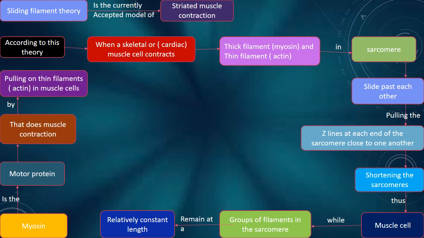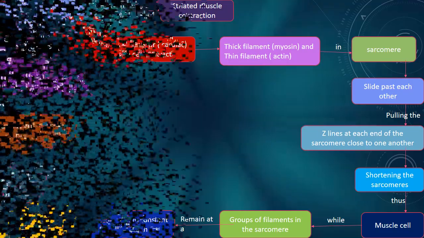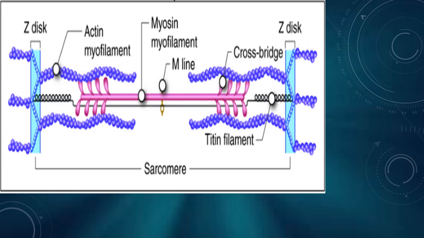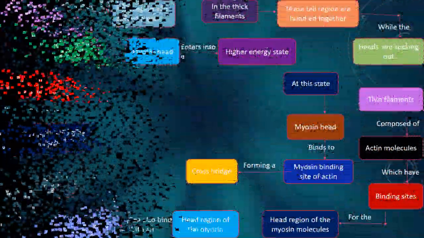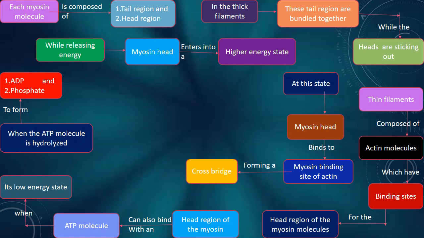Myosin is the motor protein that does muscle contraction by pulling on the thin filaments, actin, in the muscle cell. Each myosin molecule is composed of a tail region and a head region.